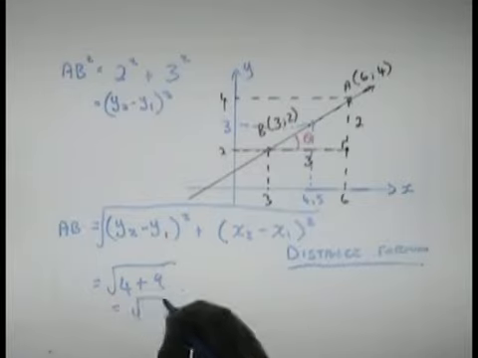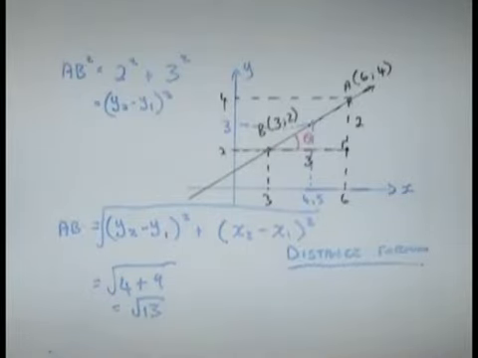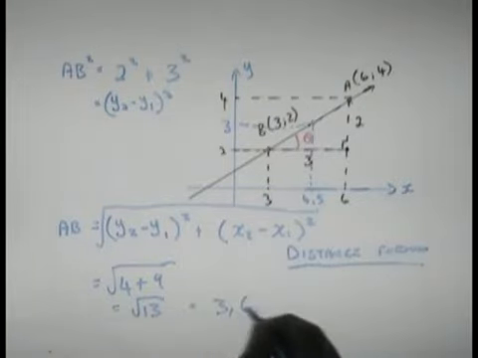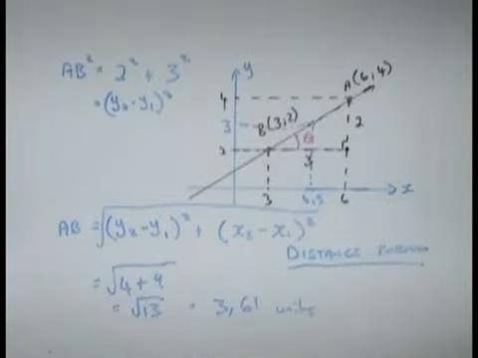So this is going to become square root of 13, and that's in its simplest surd form. If you do want to know what it is rounded off to 2 decimal places, it's equal to 3.61 units. But leaving it as root 13 is often the solution that is required.